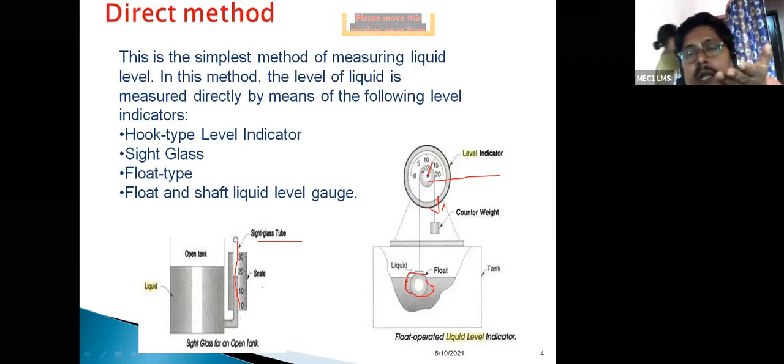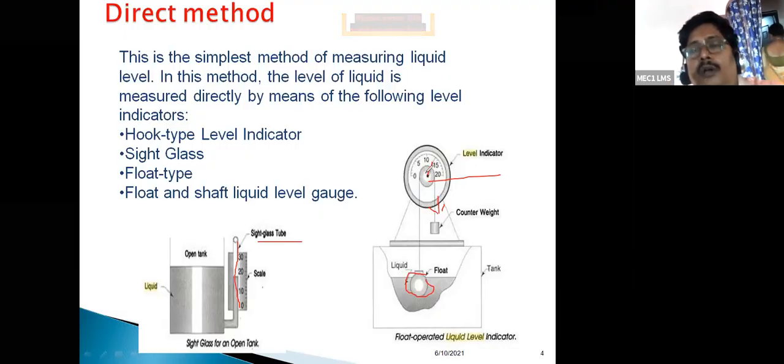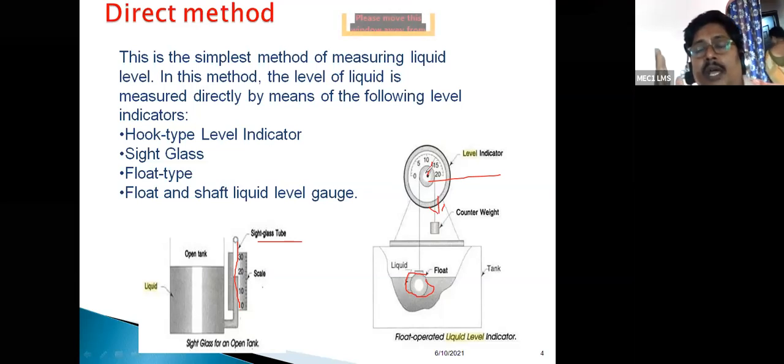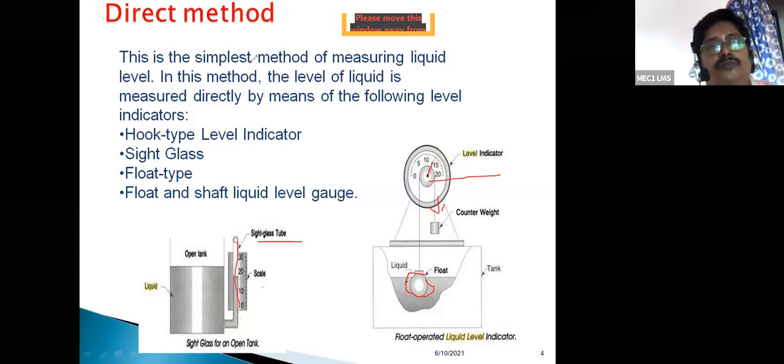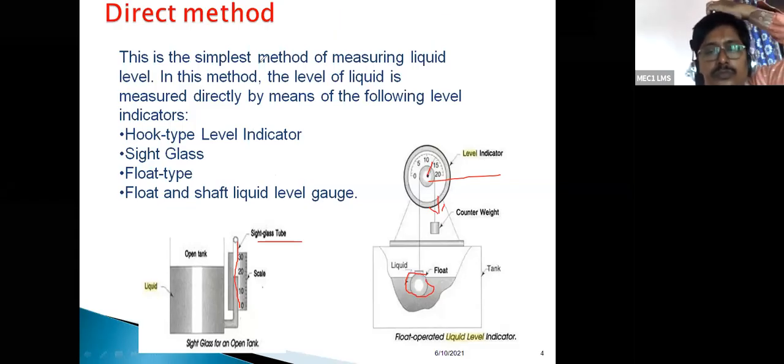Thereby the rope moves the pulley, which in turn moves the pointer on the scale, which indicates the measurement of level. So now it is clear.